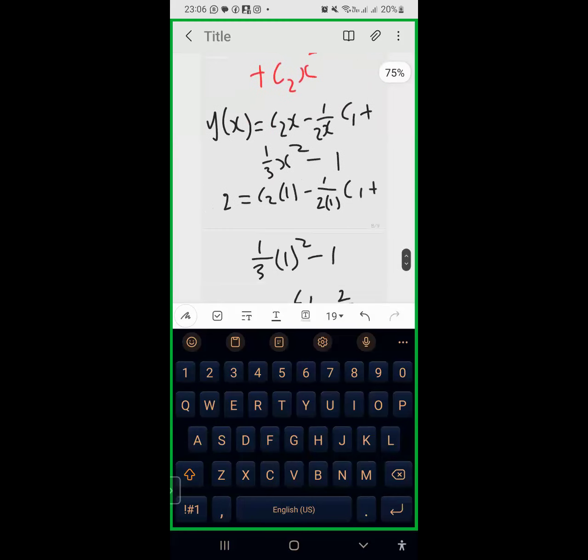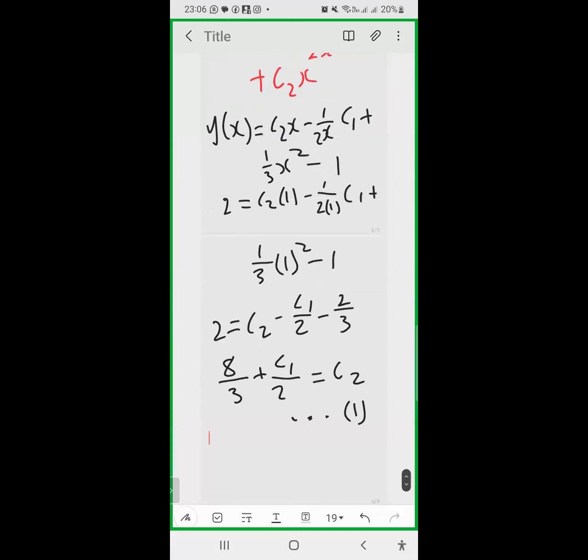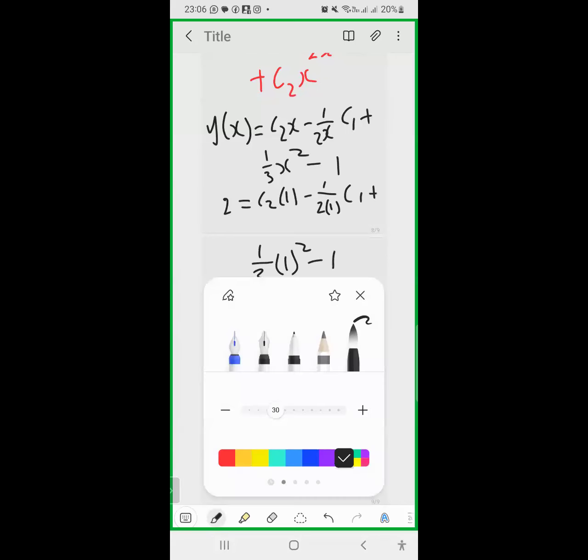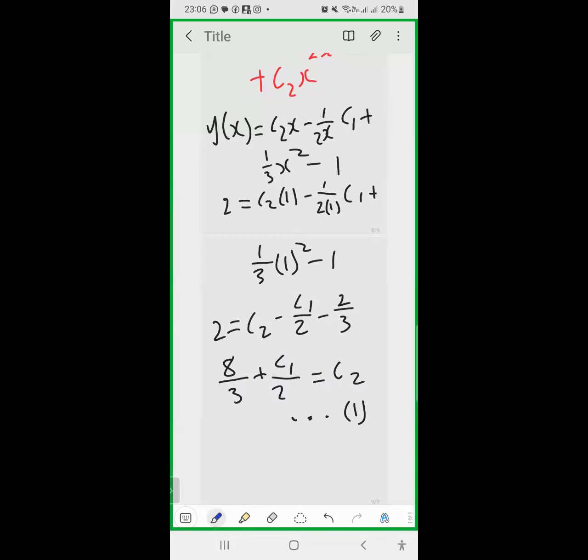So the first derivative is going to be equal to c2, and then the second term is minus 1 over 2.